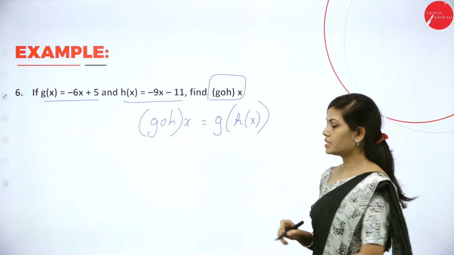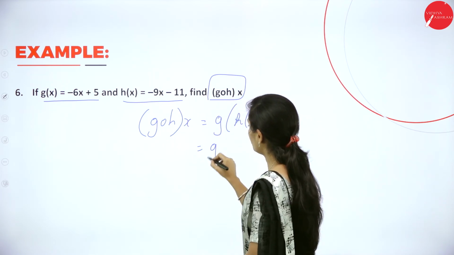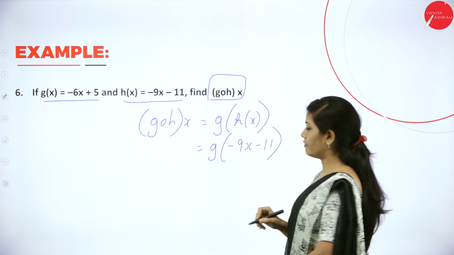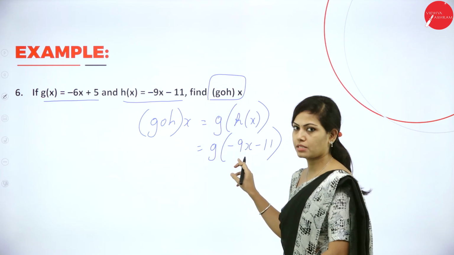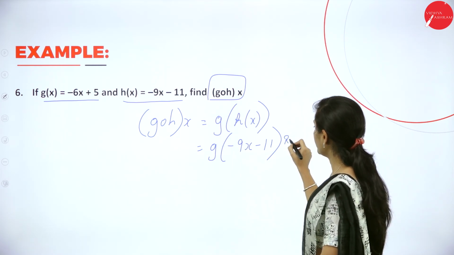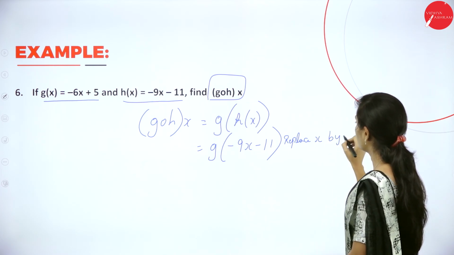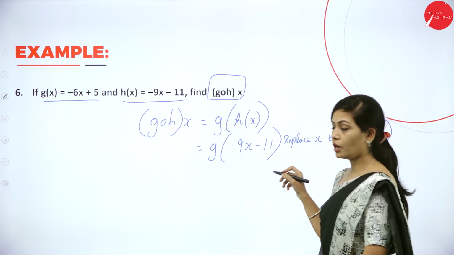So first write this, and what is h of x? H of x means −9x − 11. So now this is in the form of g of x, right? So now replace x by −9x − 11.